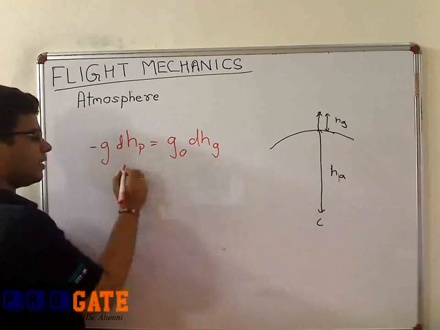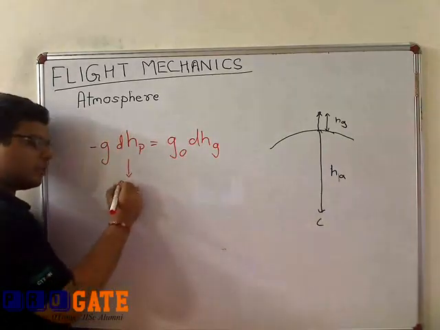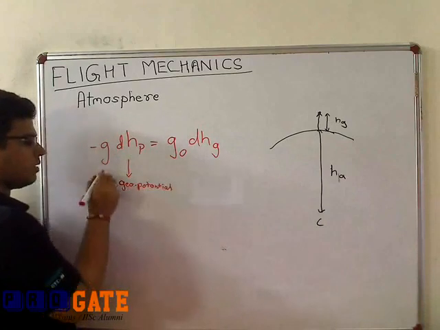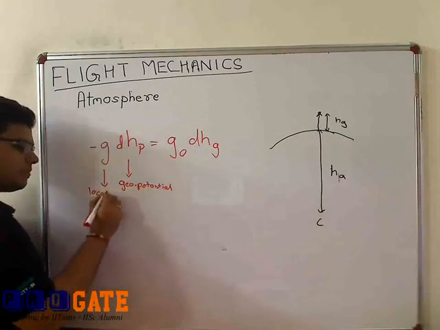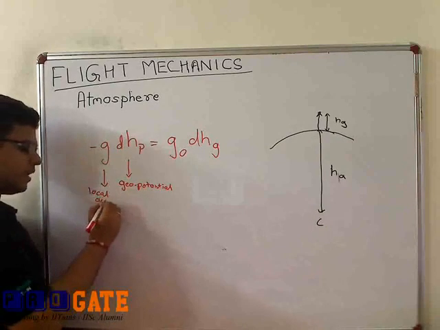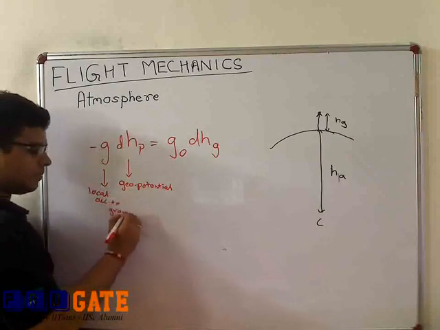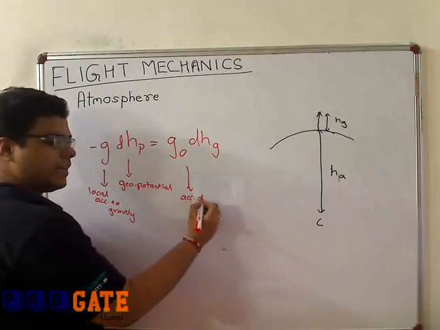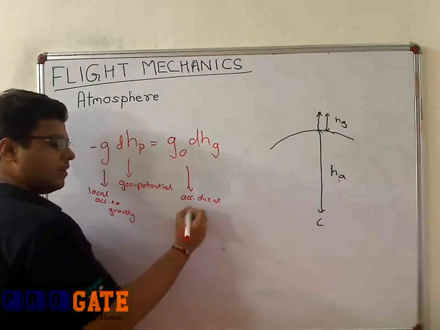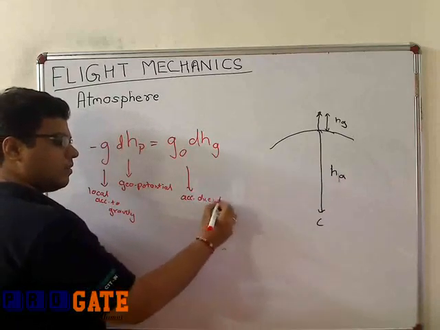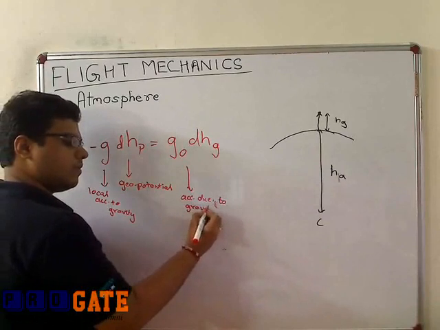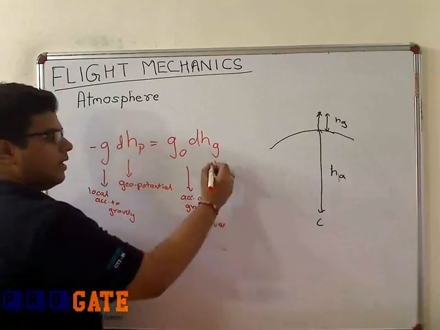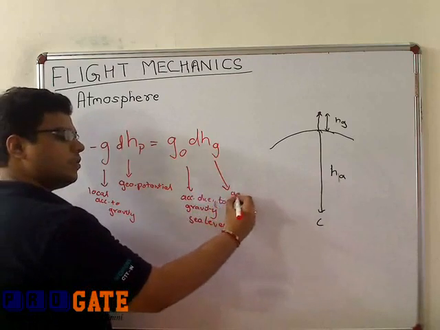Here HP is the geopotential altitude, G is the local acceleration due to gravity, G naught is the acceleration due to gravity at sea level, and HG is the geometric altitude.